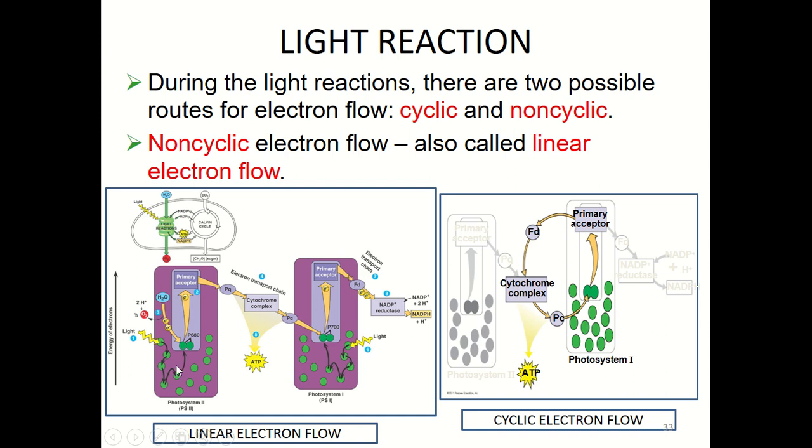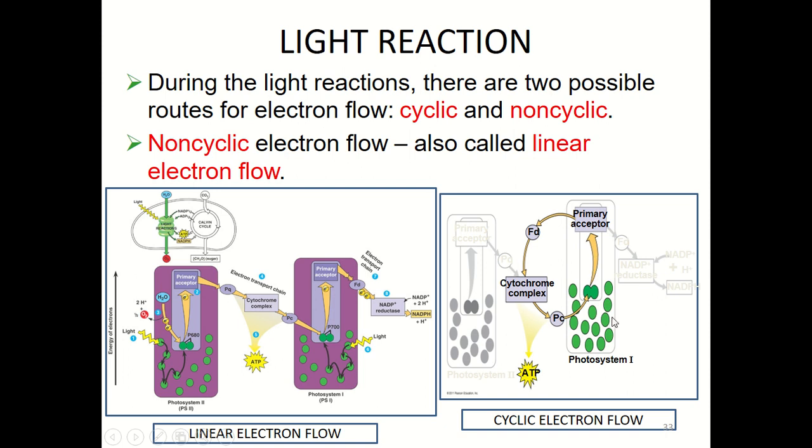First, this is the linear electron flow, also known as non-cyclic electron flow. As you can see here, the electron that is excited will go down the electron transport chain and then be accepted by photosystem 1, and the final electron acceptor is NADP plus reductase. It is not recycled or used again.